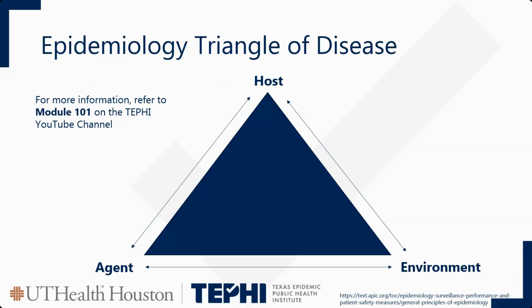This can include the biological, physical, and psychological environment. The agent is the pathogen causing the disease. This can be bacteria, fungi, virus, etc. And in this interaction model, a change in any component will alter the existing equilibrium. So change can either increase or decrease the frequency of disease.